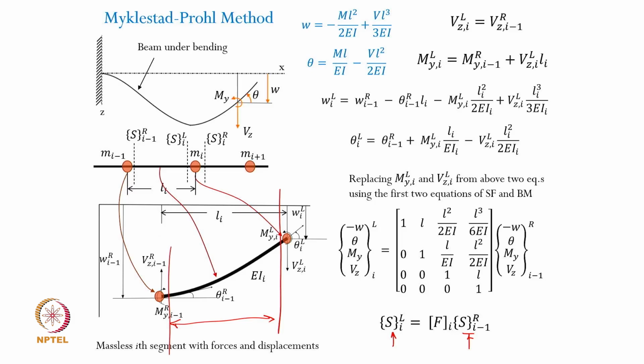So this is the field matrix that you get, and now, as I said, for getting the relationship between this and this, we need to establish this relationship across the mass element.